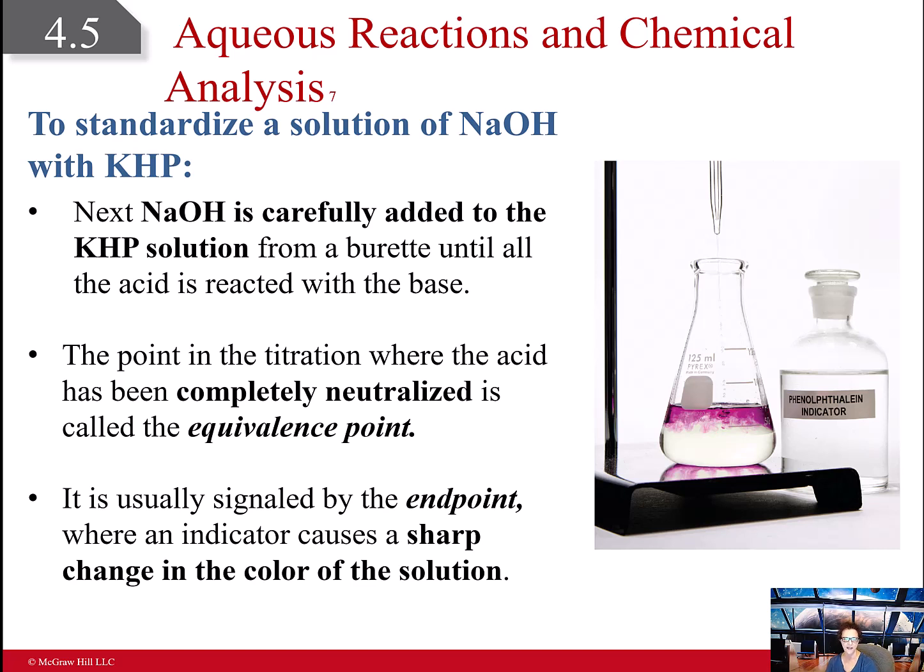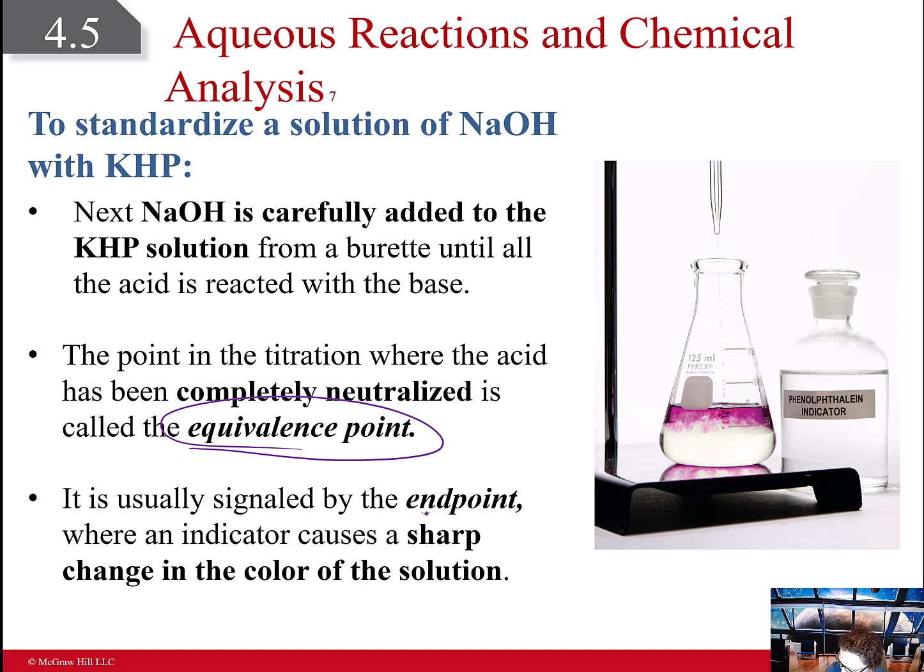You carefully add the sodium hydroxide to the KHP solution using a burette until you've reacted it all. And when that is completely neutralized or reacted out, that's called the equivalence point. So you've got equal amounts of hydrogen ions and hydroxide ions is basically what that means.